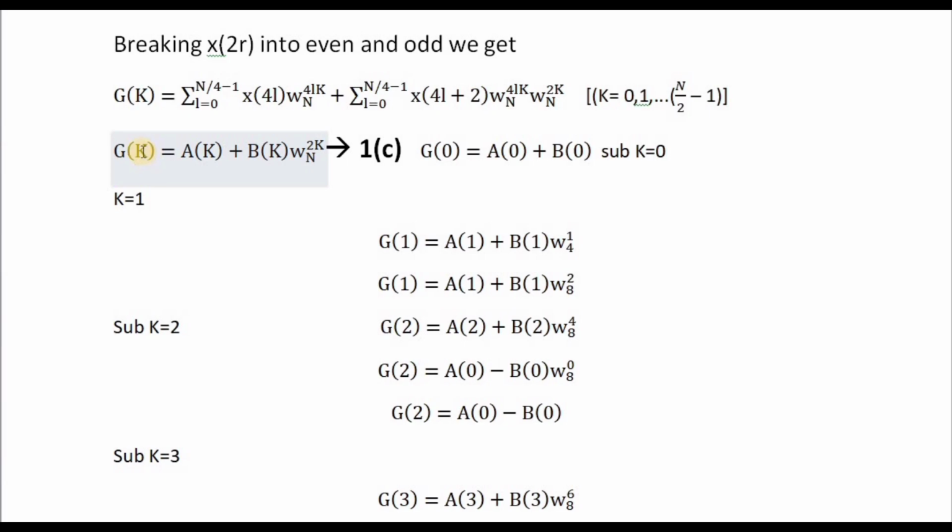So if I substitute 2, I will get a of 2 plus b of 2, w8 of 4. But here I don't have a 2 because it ranges from 0 to 1. So 0 plus 2, 0 plus 2. Here I can write it as w8 of 0.